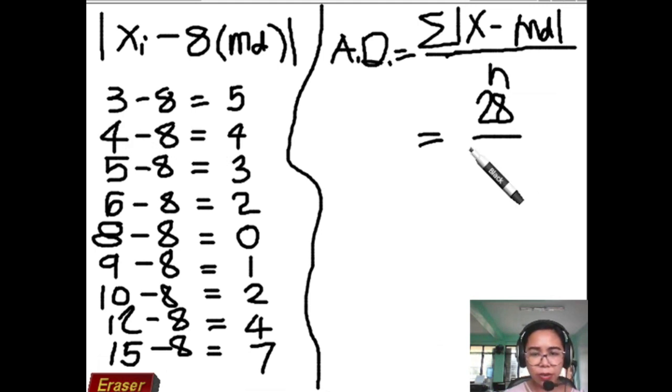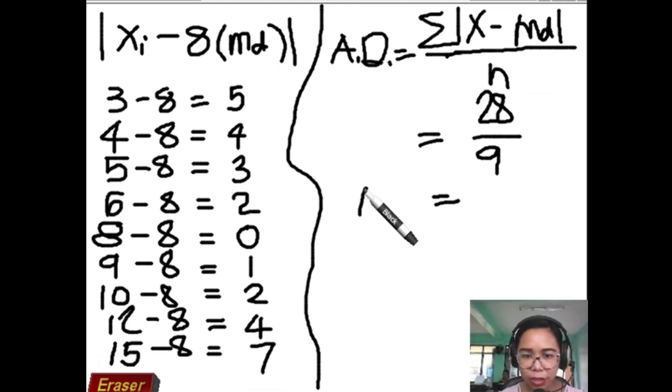Divided by, take note, n is the total number of observations, and we have 9. So we divide 28 by 9. The average deviation based from the median is approximately 3.11.